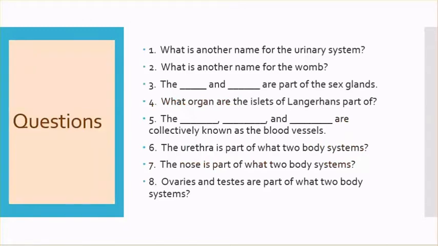Number 1. What is another name for the urinary system? Number 2. What is another name for the womb?